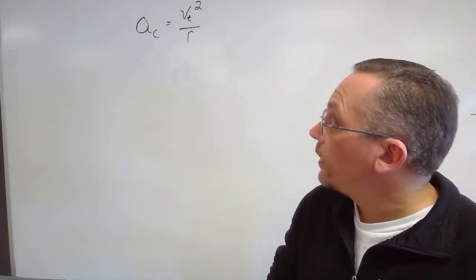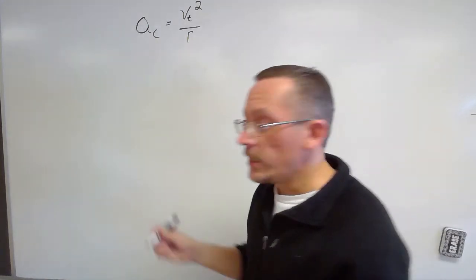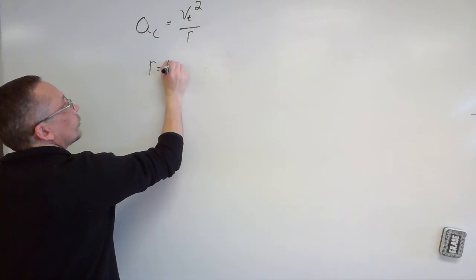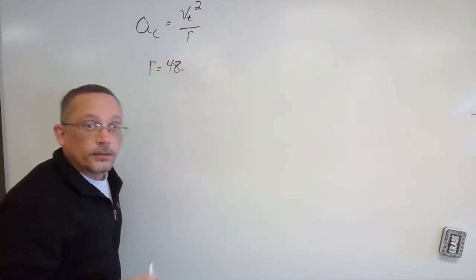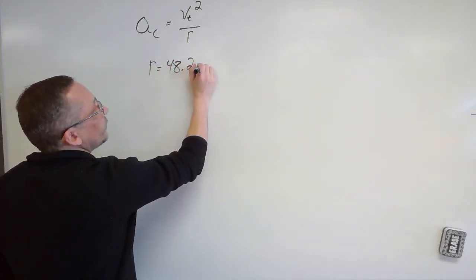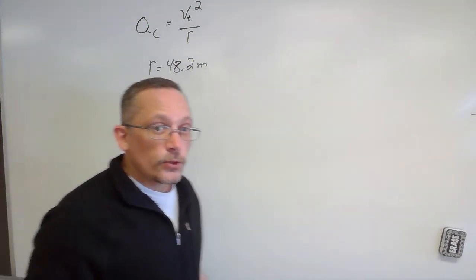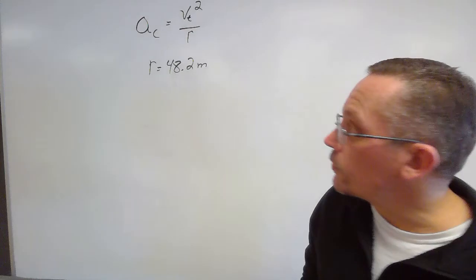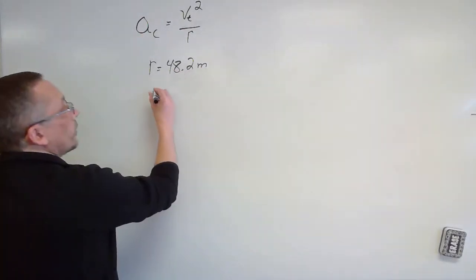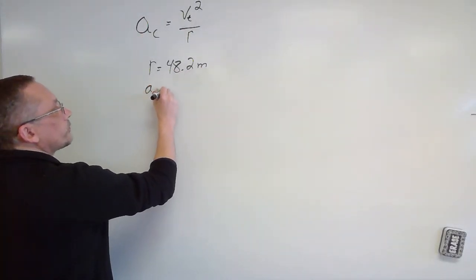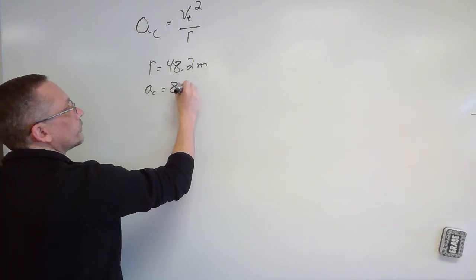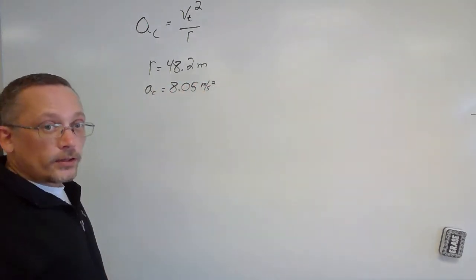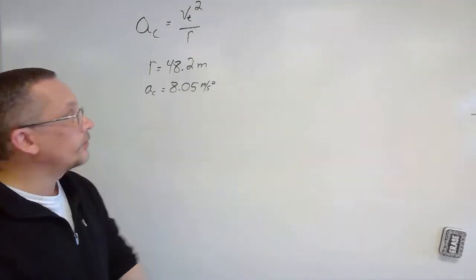That would be my r, my radius. They also told me the centripetal acceleration was 8.05 meters per second squared, so that's a_c. And the question asked me to find the tangential velocity.